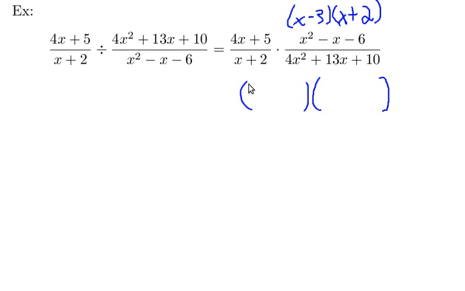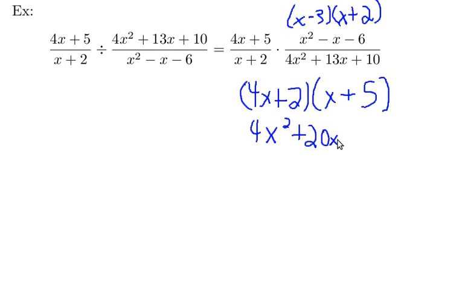Typically for something like this I would start guessing with 2x for each one, but I happen to know that this is 4x and then an x, and then a 2 and 5. 4x times x is 4x squared, plus 4x times 5 is going to be 20x, so this is going to give us 22x. So this is obviously not the right one. Just for the sake of completeness, I'll go ahead and finish it up.